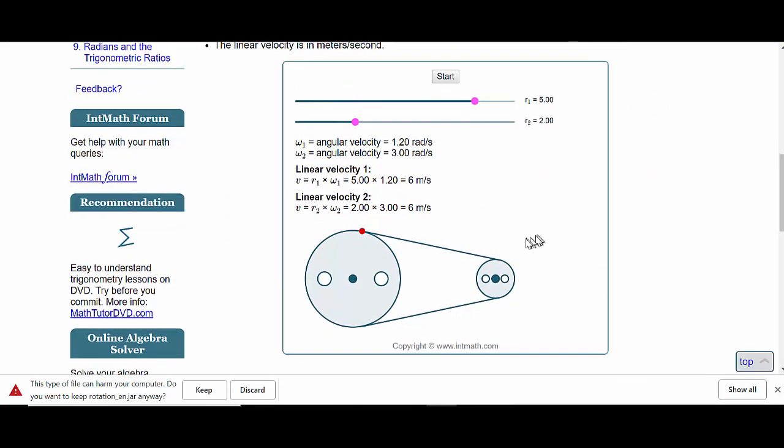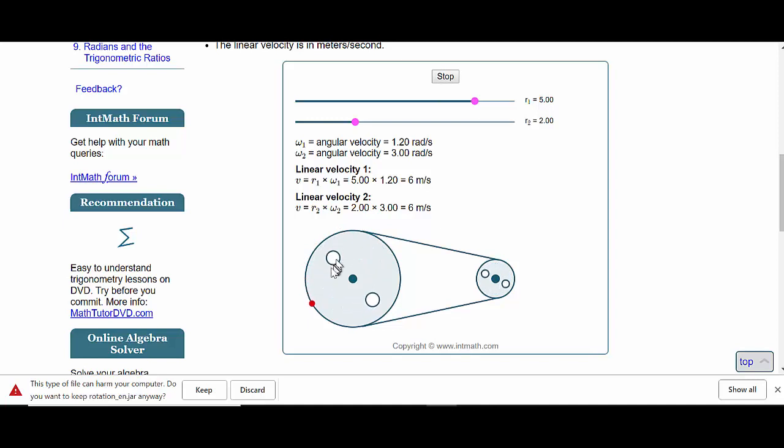If you think of a bicycle sprocket or a motorcycle sprocket, the angular velocity is the angle it turns in a unit of time. So it might turn pi radians in a second, or 2 pi radians in a minute, or something like that. I'm going to start this.